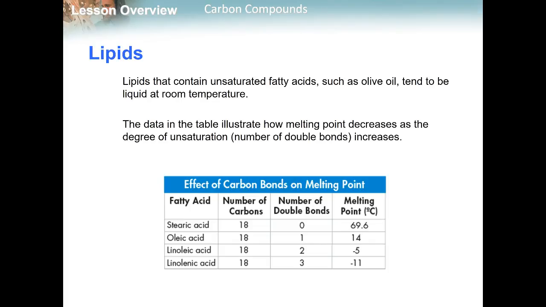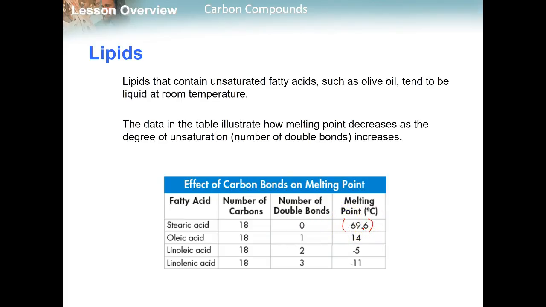And we can look at the different types of fats that there are: stearic acid, oleic acid, linoleic acid, and linolenic acid. We can take a look at the number of double bonds that they have. When we look at stearic acid, one of our fatty acids that make up a lipid, we see that it doesn't have any double bonds, and its melting point is high.